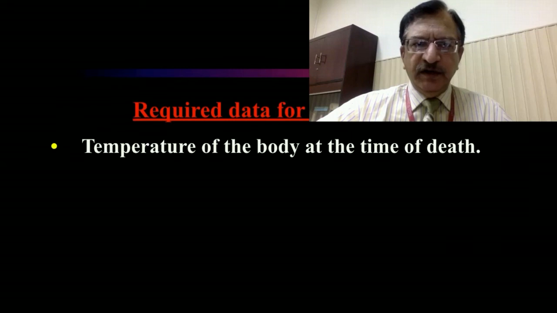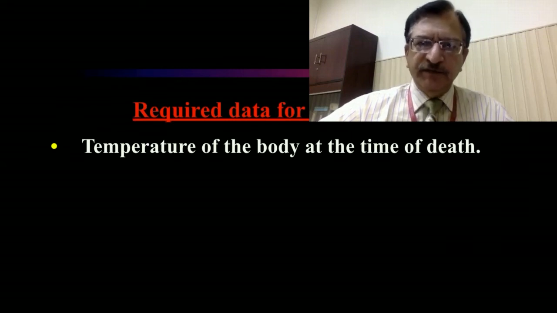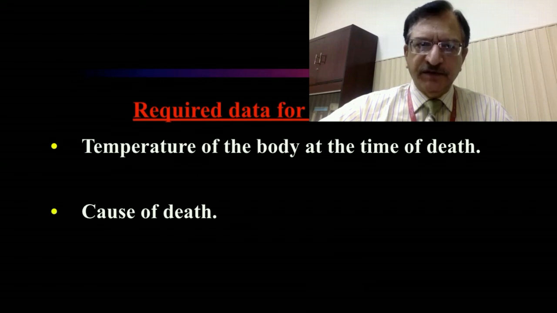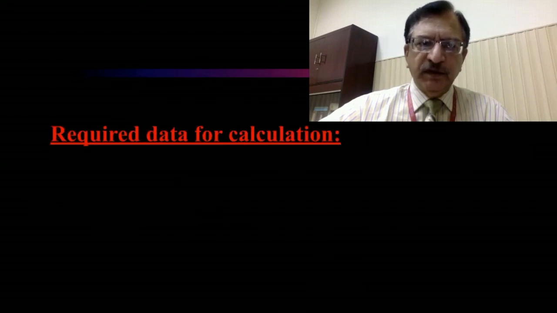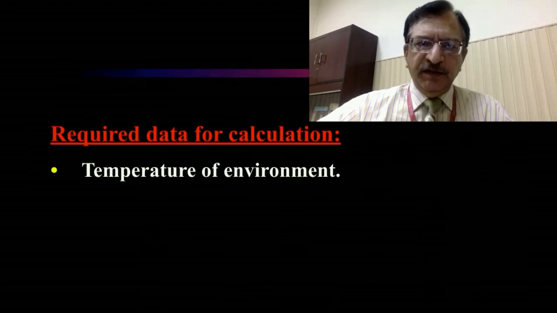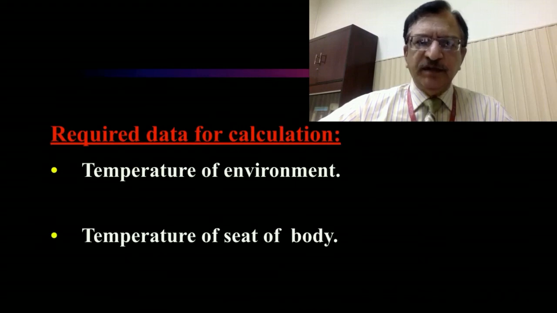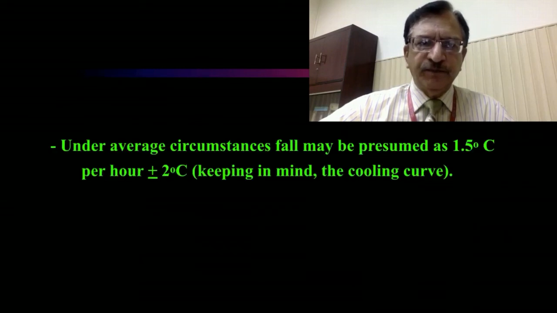So the required data for temperature recording is the temperature of the body at the time of death, the cause of death should be known, the temperature of the environment, and the temperature of the seat of the body, that is, where the body is lying, is also important to know.